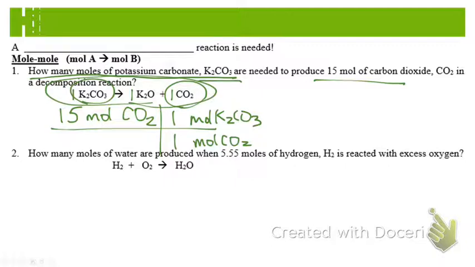So the math here isn't hard. The point of this is to practice setting up these units. Whatever is given goes on the bottom of the next bracket. In order to solve this, if you don't remember, we multiply any of the numbers that are left on top, so 15 times 1, and we divide by any numbers that are on the bottom. So 15 times 1 divided by 1 equals 15.